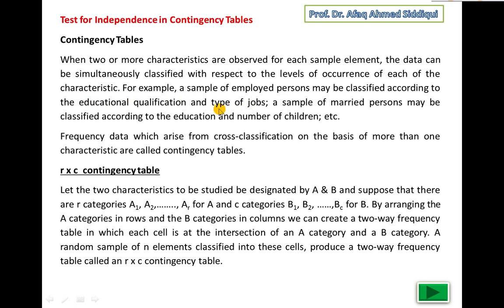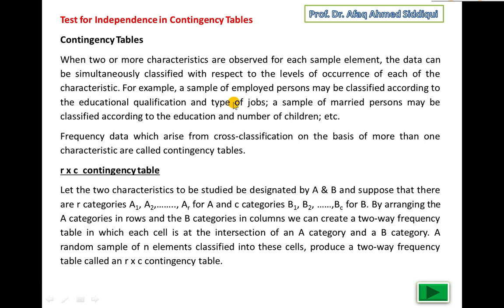And for job, the designation or type of job, maybe manager, deputy manager, etc., but the main variable is the type of job. We test the independence or dependence between the main variables. This is the most important thing. And these are the subgroup categories, or characteristics, or criteria of classification of the employed person.